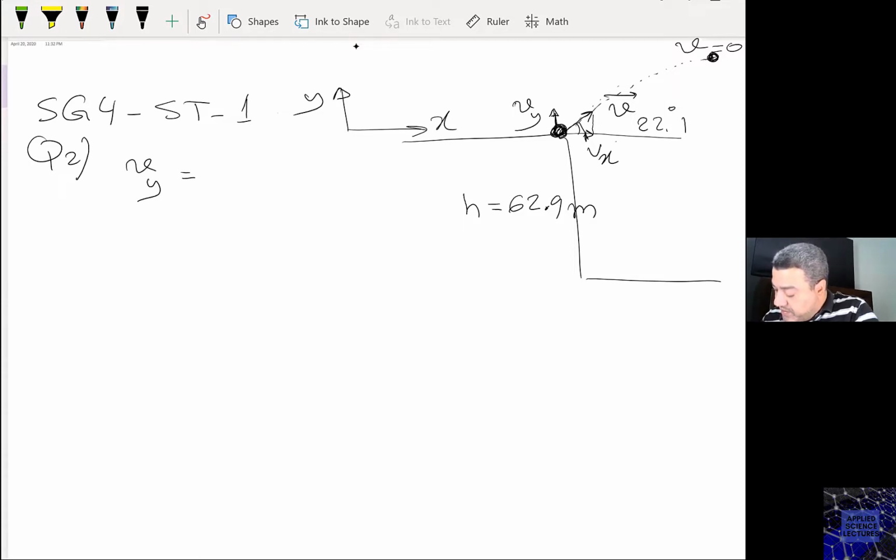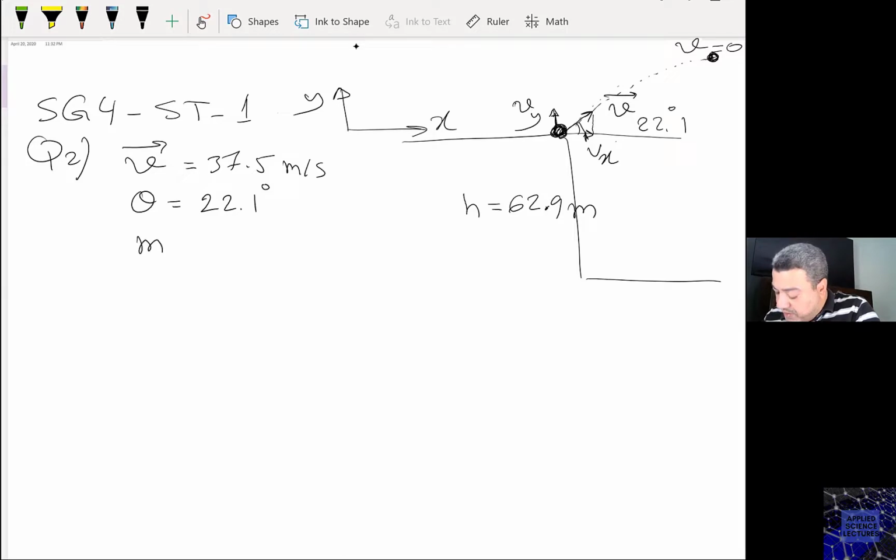So I know Vy is V sine 22.1. Let me just say that V here is 37.5 meters per second. Theta is 22.1 degrees.